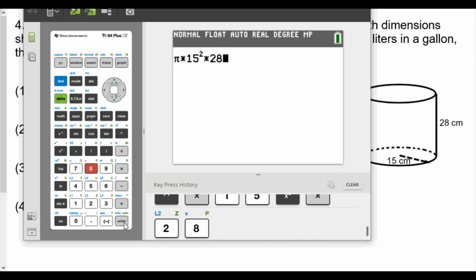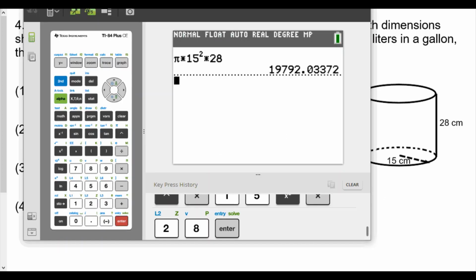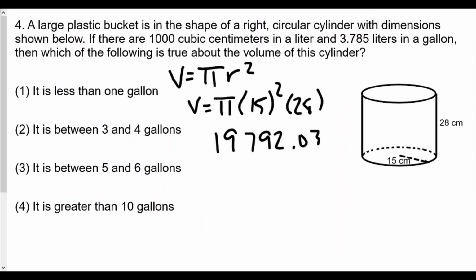So we're going to get a volume of 19,792.03372, and it goes on for a little more, cubic centimeters. Let's double check to make sure. Yes, 19,792.03 cubic centimeters, although there are some more digits afterwards.